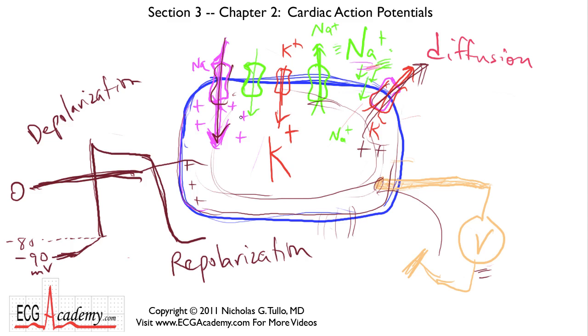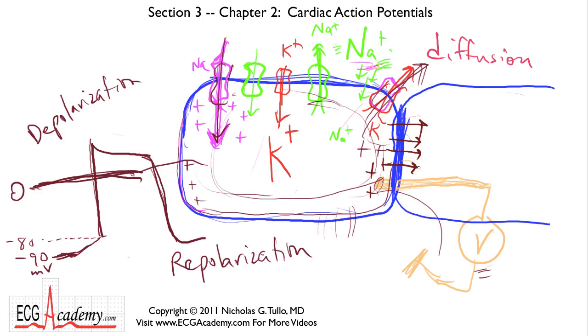Now imagine what happens to the next cell over. Remember, the cells are connected by this intercalated disc, and that disc is able to pass ions across. So when this cell depolarizes and you have all these positive charges on the inside, the sodium rushes in, and the positivity can pass from one cell to the other. And then what did I say?